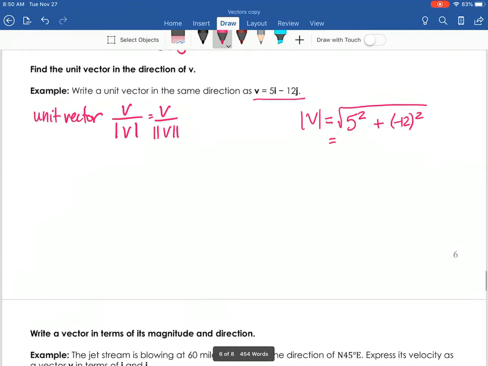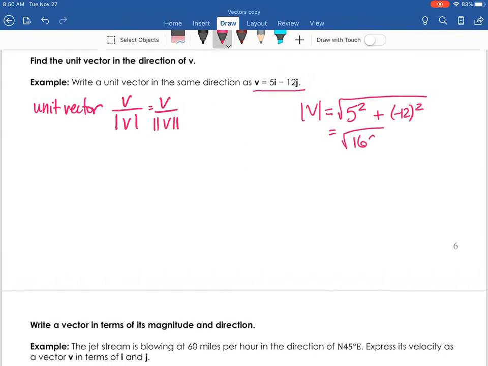Okay, that's going to give me the square root of 169, which is 13. If it doesn't come out even like that, just leave it as the square root of whatever it is. Like if it comes out to be the square root of 43, just leave it as the square root of 43.